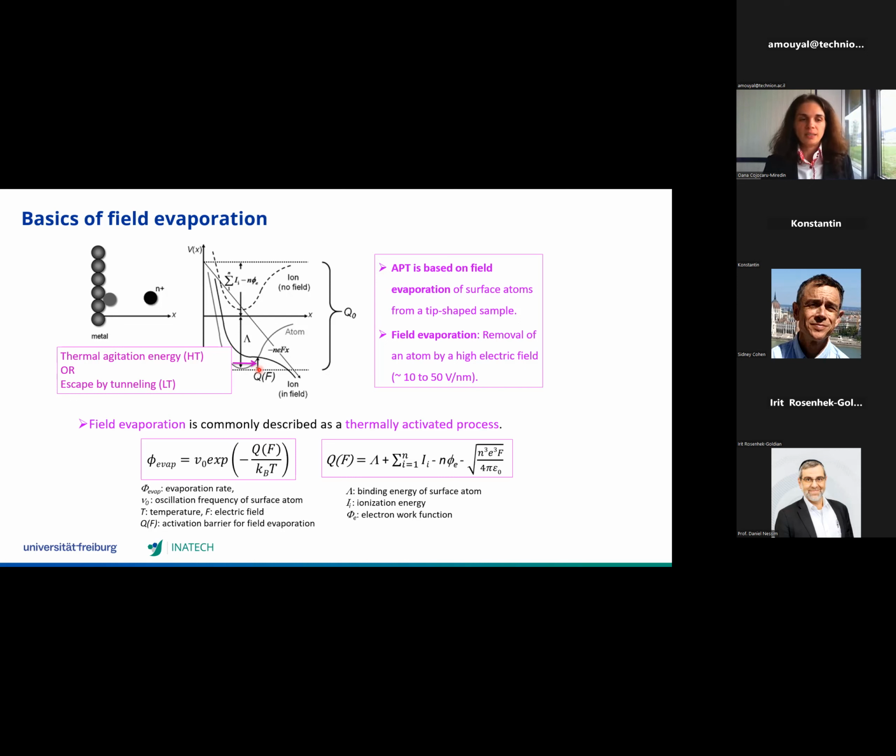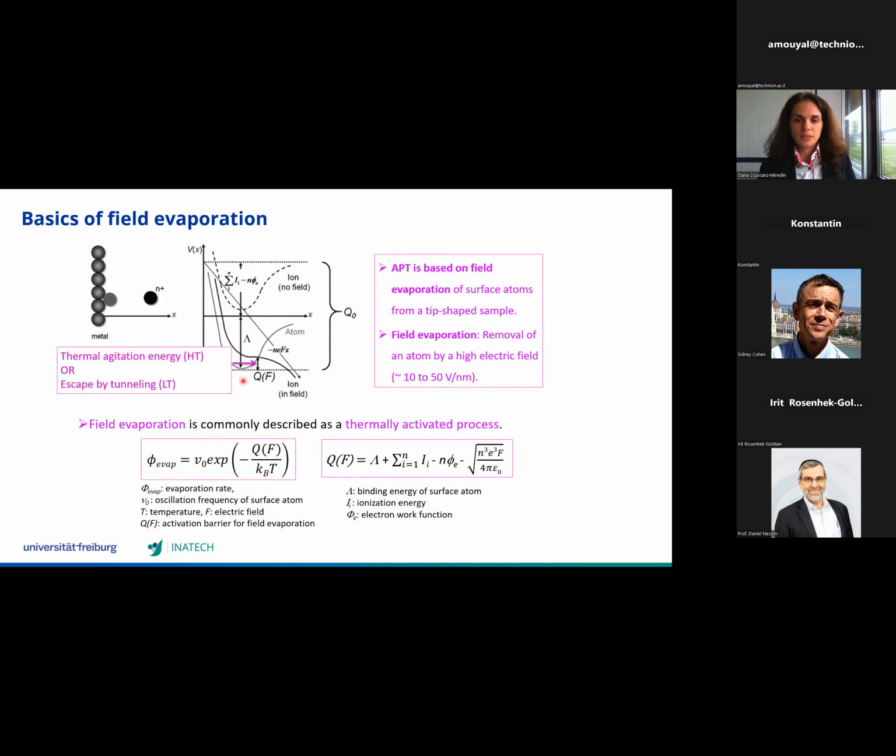We can say that field evaporation is commonly described as a thermally activated process, and that the evaporation rate is strongly dependent on the activation barrier for field evaporation. We can now define the activation barrier for field evaporation from this potential diagram.